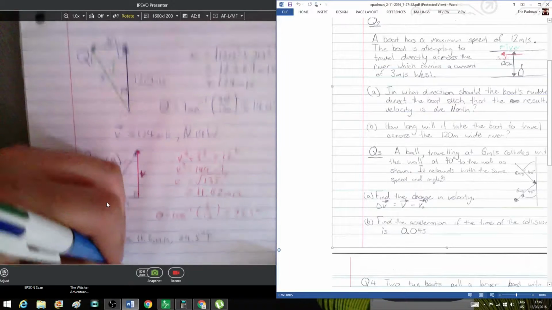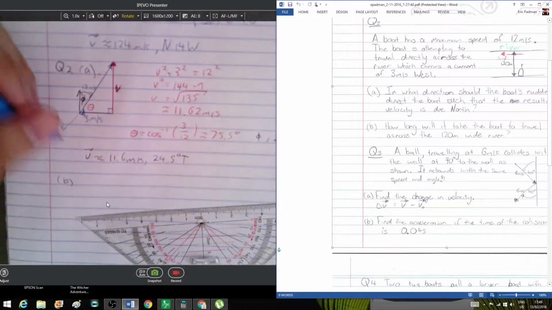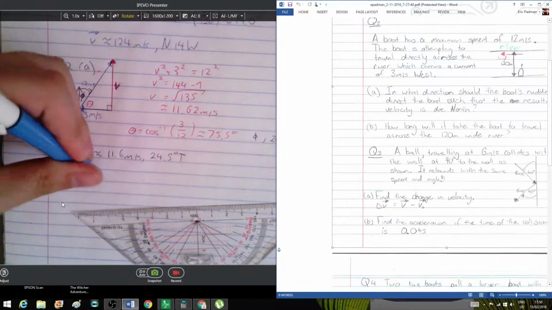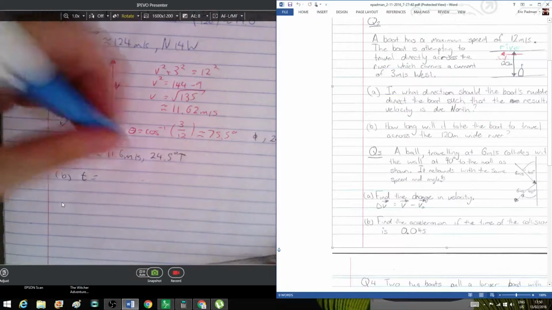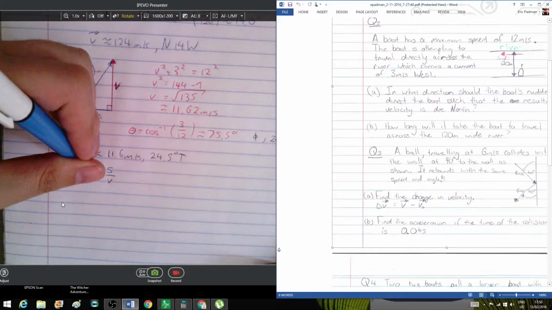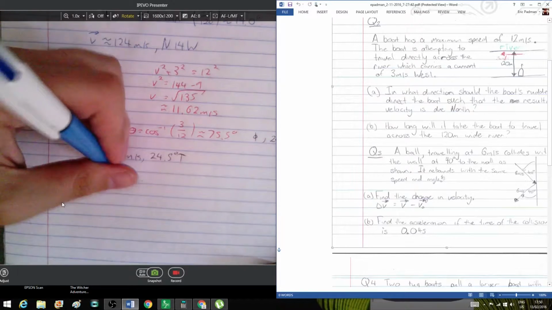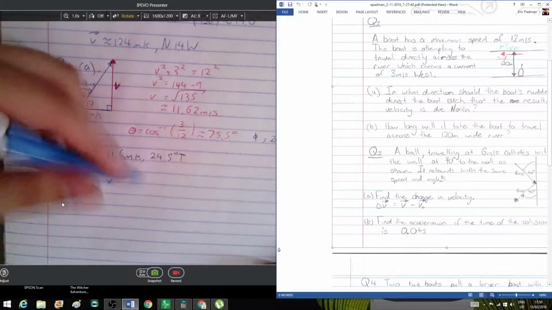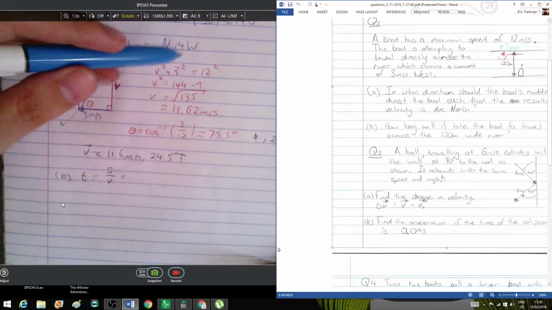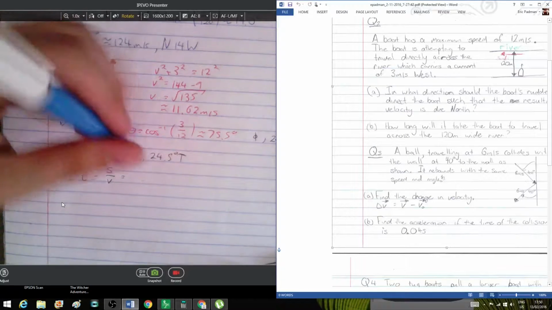Okay, so time. All right, let's focus. Time equals distance on speed. So I'm dropping the vector notation, because I'm working out a scalar.